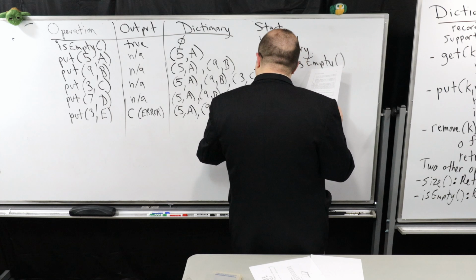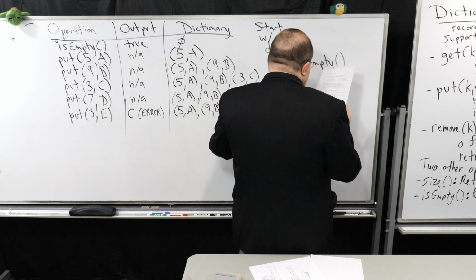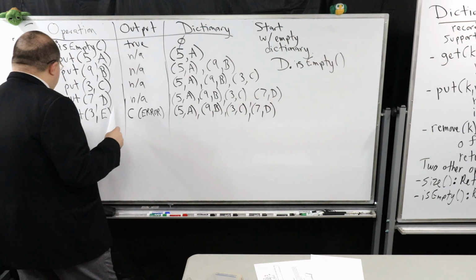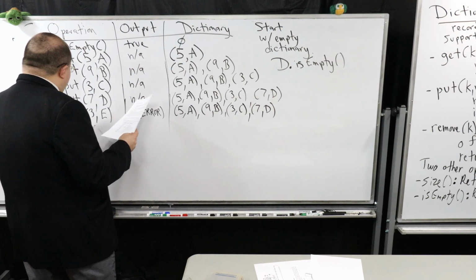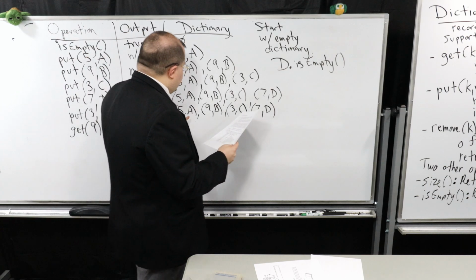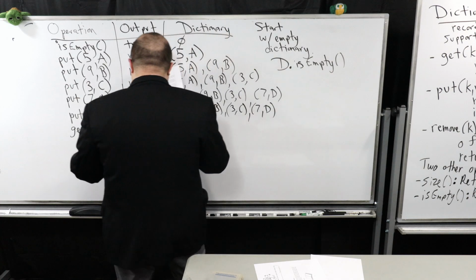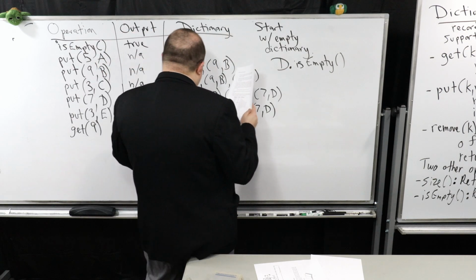9B, 3C, and 7D. So if I attempt to get, let's try using the get operation. If I try to get 9, notice that 9 is sitting right here, right? It has data, its value or data is B. And nothing has changed.